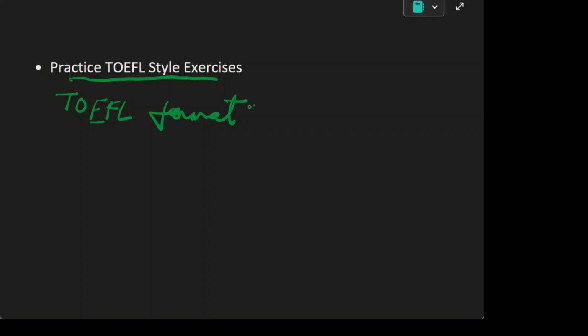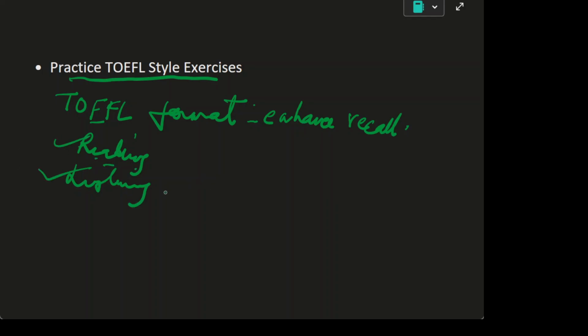Whatever you learn, you need to start using it in relation to the format so that it can enhance recall. Now, you can complete practice tests for TOEFL in different sections, be it reading or listening. When you are doing these exercises, you can mark unfamiliar words. Once you know these unfamiliar words, it will help you in the exam as well.